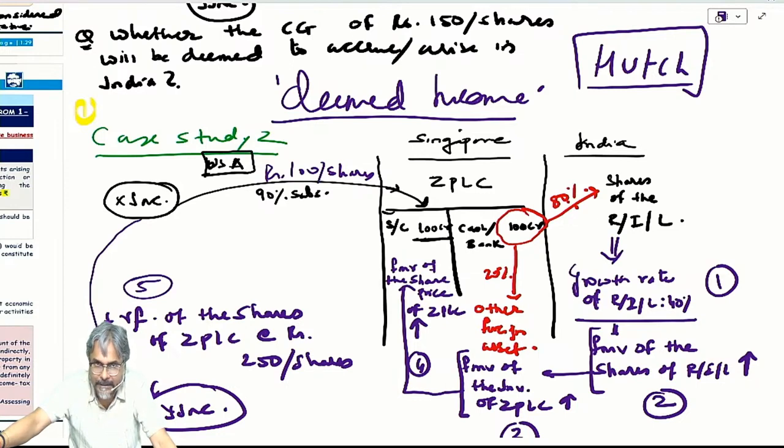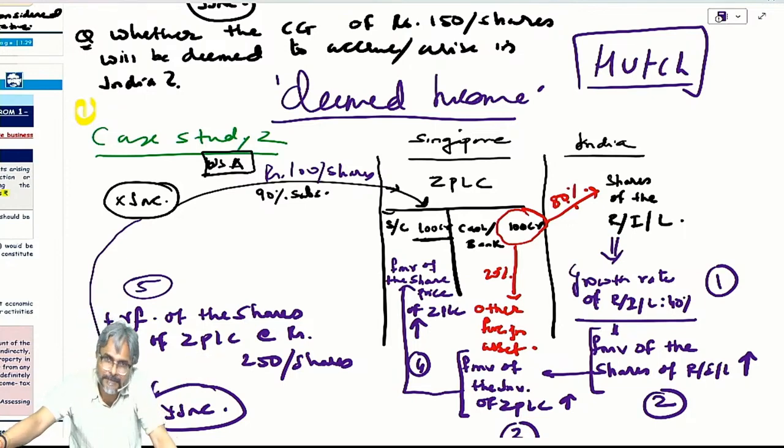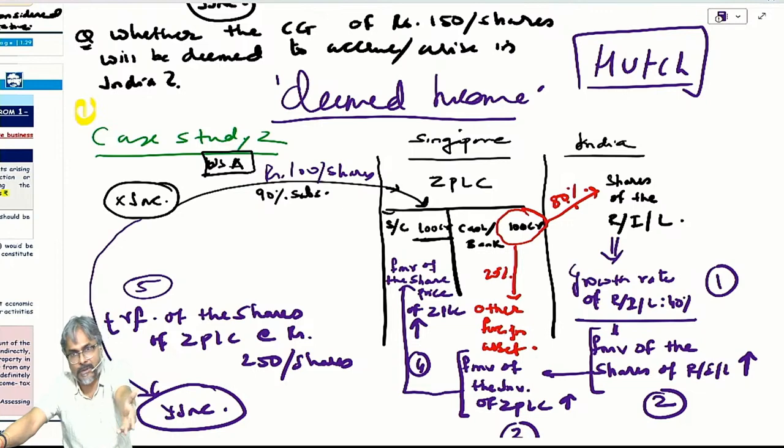So that CJI, S.H. Kapadia, a Parsi fellow, first said, Vodafone, you are losing the case right up till Bombay High Court, and you have not paid a single tax. You have taken a stay on the demand raised by the Income Tax Department. So before we admit your case in the Supreme Court of India, pay 3,000 crore as a deposit. Pay 3,000 crore as a deposit before we start hearing your case, because you are a loser right now.